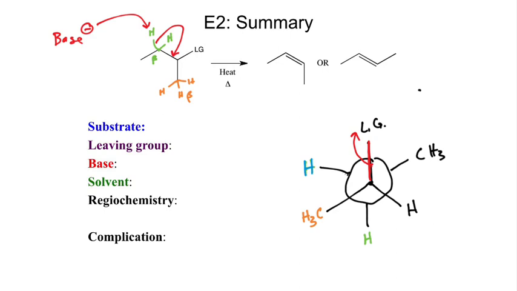Okay. So now if we color it, it helps, blue versus green. Which hydrogen is eliminated? So my base comes in with that negative charge. Does it go blue or does it go green? Blue? Okay, blue.